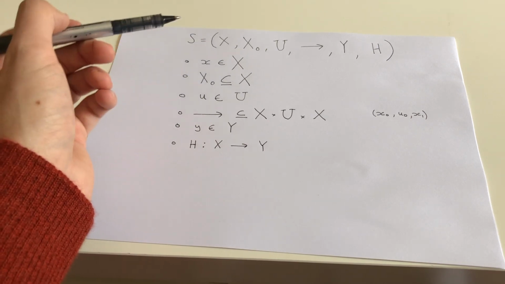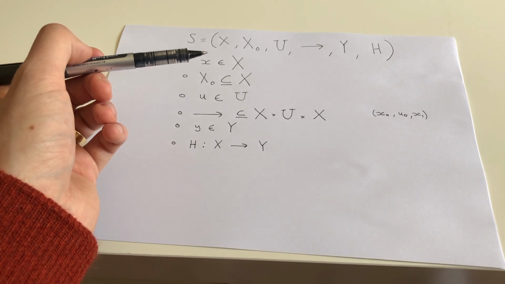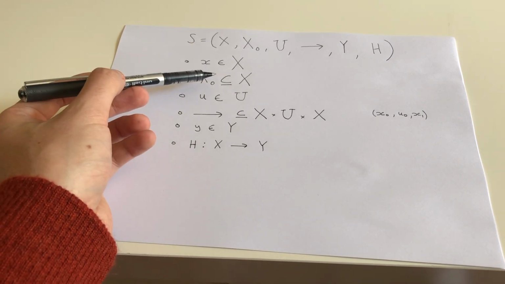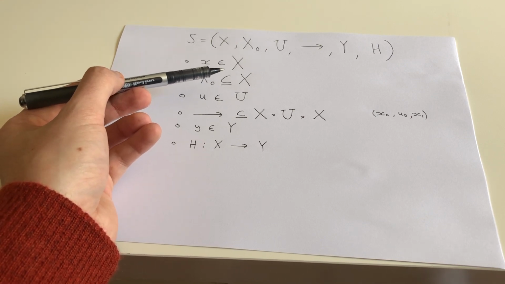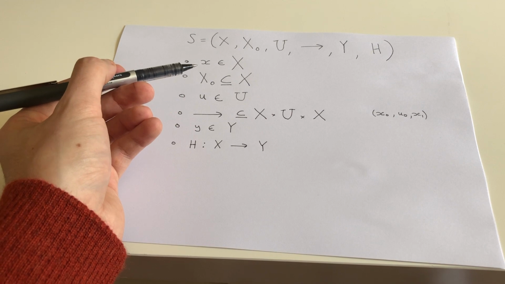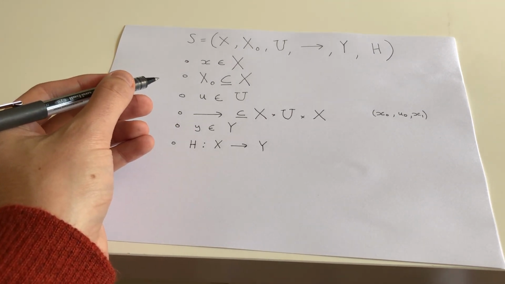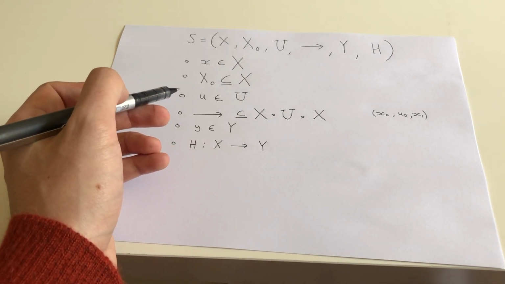Otherwise, if X isn't finite, then the whole system is an infinite state system. As I've already mentioned, the initial states could be a proper subset, they could equal the whole set of states, or they could be a single state. We use finite and infinite when we're quantifying the state space that this system belongs in.